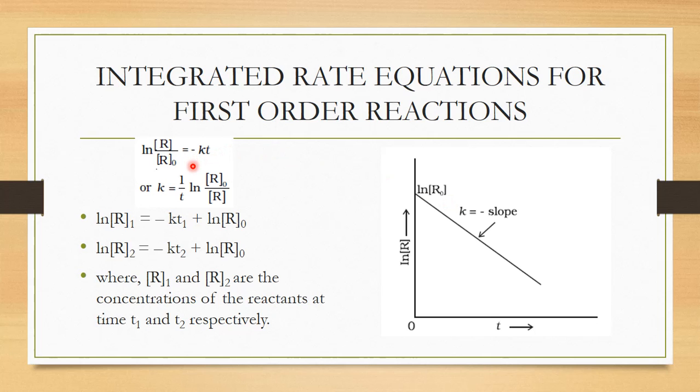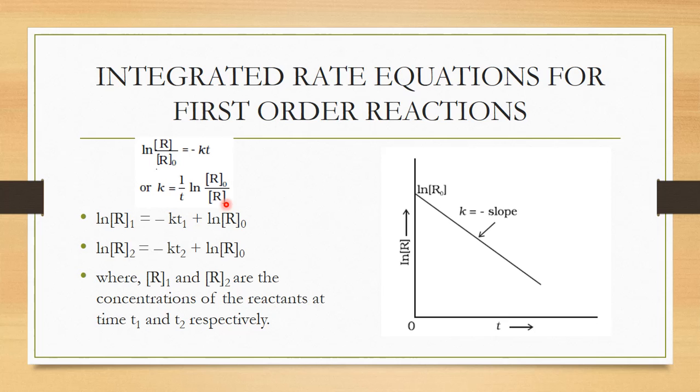Now from the equation you will get natural log of [R] upon [R]0 is equal to minus kt. From this equation you can calculate k as equal to 1 by t natural log of [R]0 upon [R].